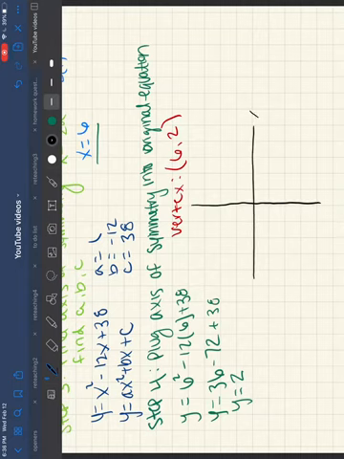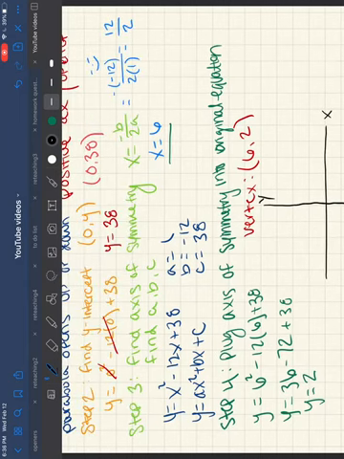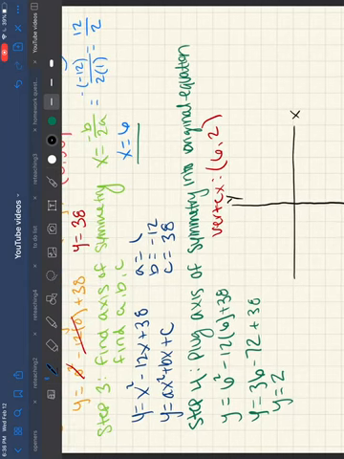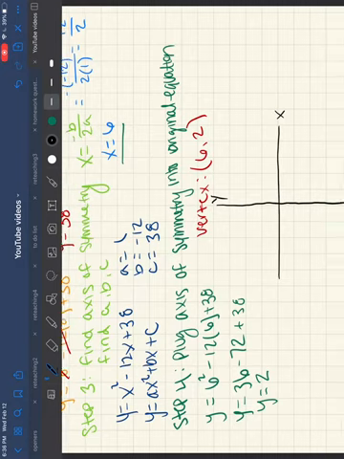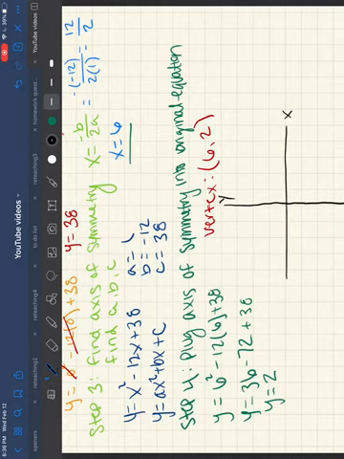Okay, I have an x and y axis. I'm not going to mark this. I'm just going to do a rough draft because I see I have a y-intercept of 38. I don't want to make 38 tallies. So I'm going to do the y-intercept at 38, and I'll put that somewhere up here.